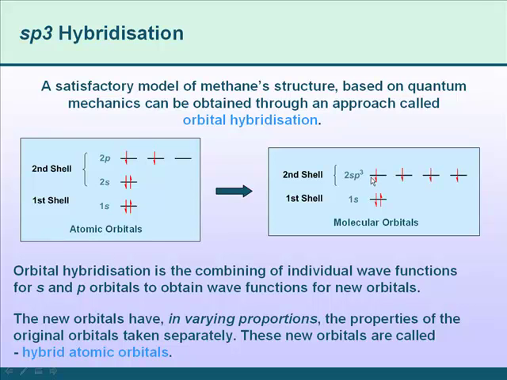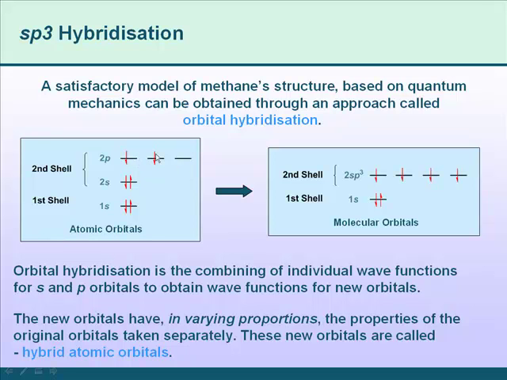actual correct representation for the electron orbitals in a carbon atom in its valence shell is that you have these 4 orbitals that are all exactly the same and therefore on exactly the same energy level, and these 4 orbitals could be considered as arising from mixing this s orbital with these 3 p orbitals to give these 4 new orbitals, each of which contains 1 part s characteristic and 3 parts p characteristic.